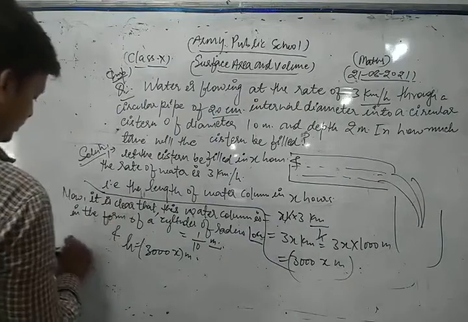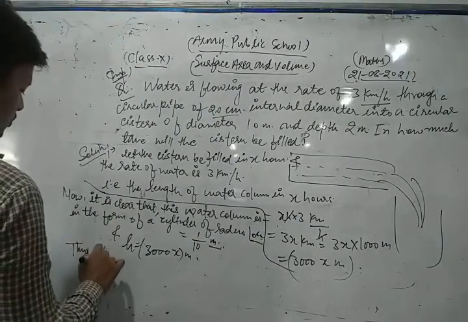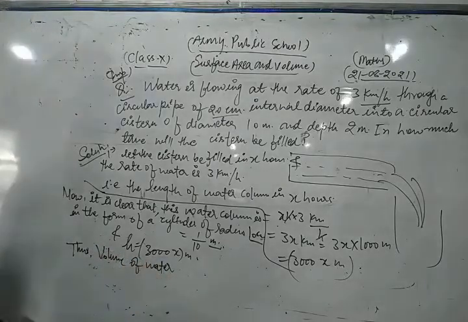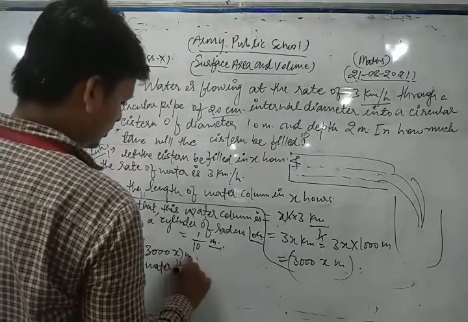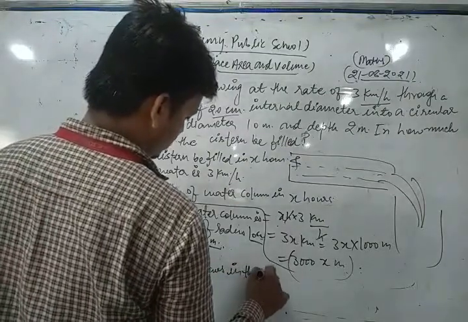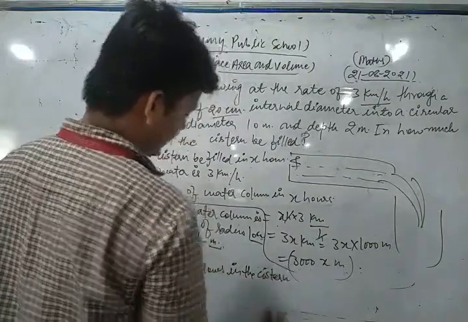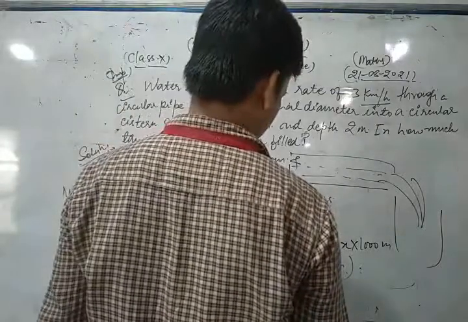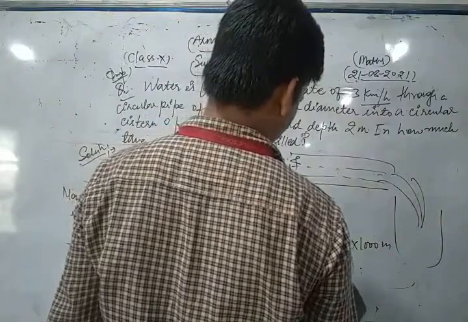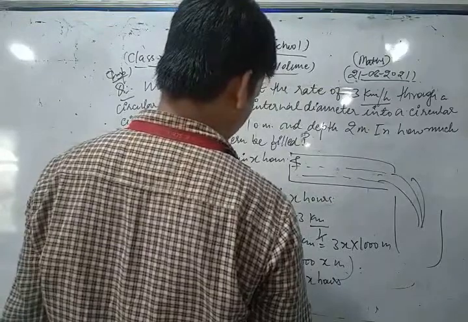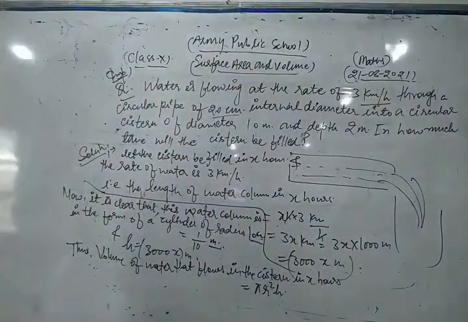Thus the volume of water that flows into the cistern in x hours is equal to pi r square into h. We use this formula, pi r square into h.